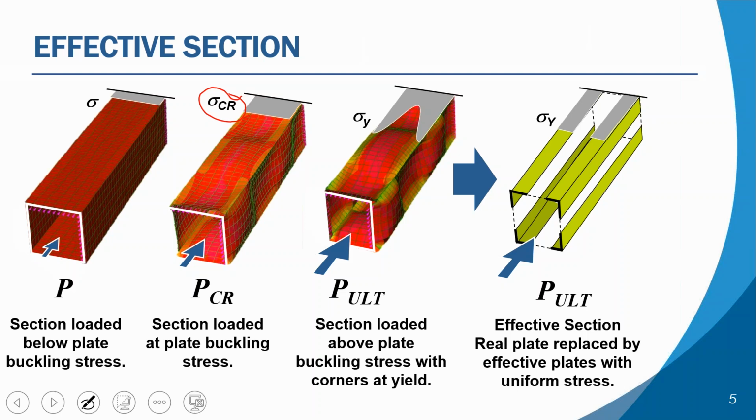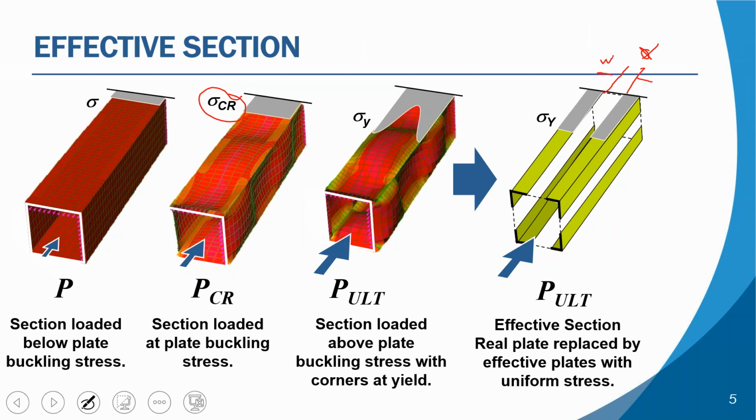So if we have a plate of thickness T with width B and material properties, at what point will the plate buckle? So that's one point of theory. Those are very classical buckling equations that are given in the 3 references that we just looked at. We'll go back to those just so you see what they are. The other question is, how much of the material do I throw away?